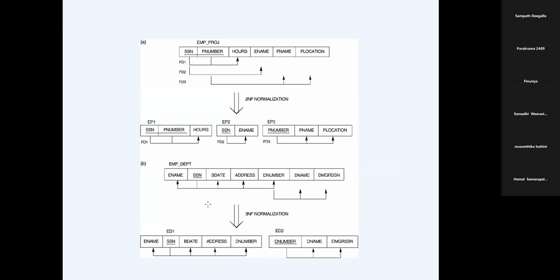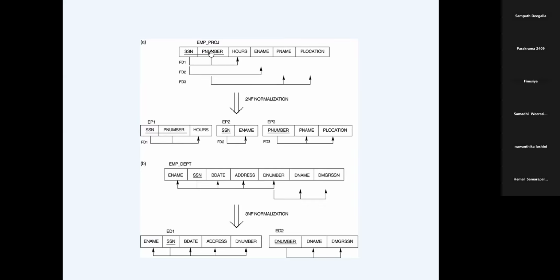Now let me take you through an example. Let's say we have employee and project information together. If you put these together, you will have social security number, project number, number of hours a particular person works on the project, employee name, and project location, everything in a single place. Now we can look for functional dependencies. The number of hours a particular person works on a project is functionally determined using social security number and project number.